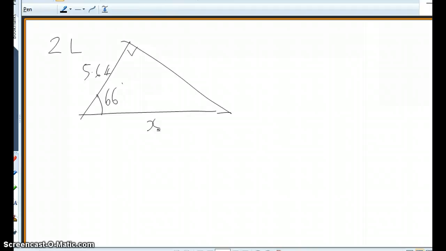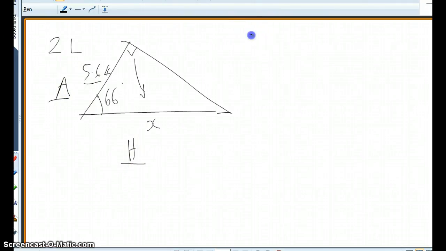Well, before that, even before I decide on which function, what do I do? Label the sides. Notice X is opposite. Sorry, the 90 degrees is opposite X, so that's the hypotenuse. This side is the adjacent. So I've got H and A.